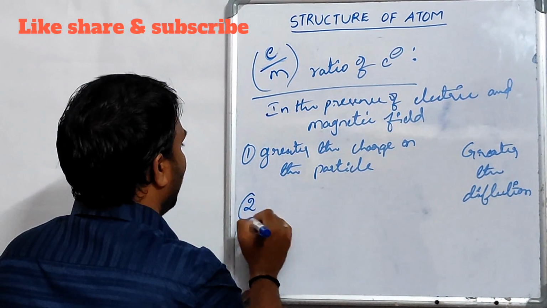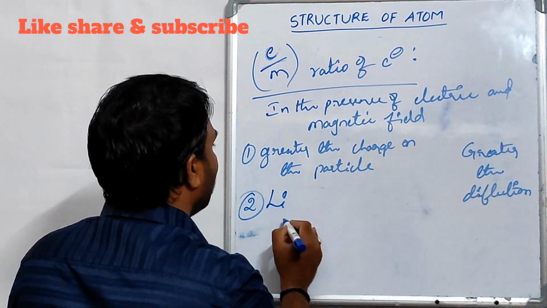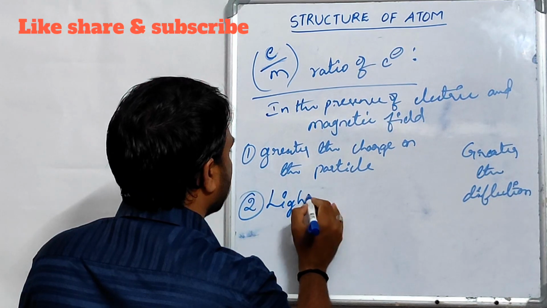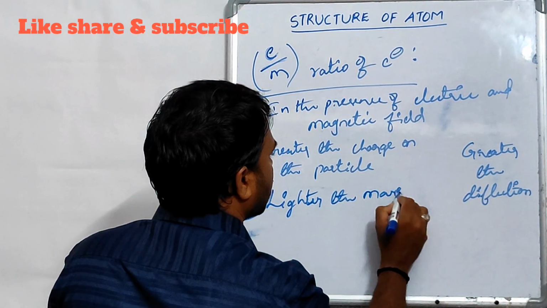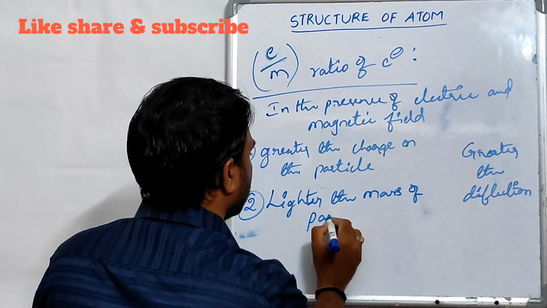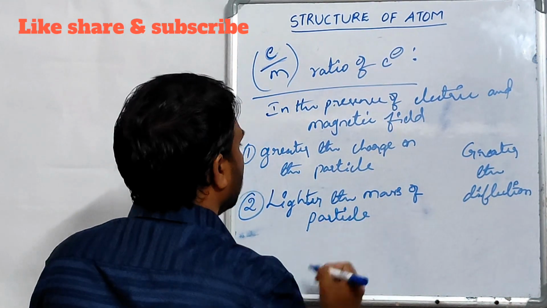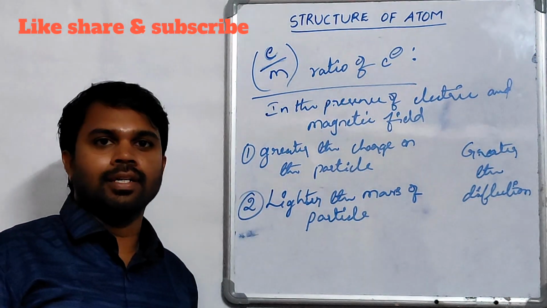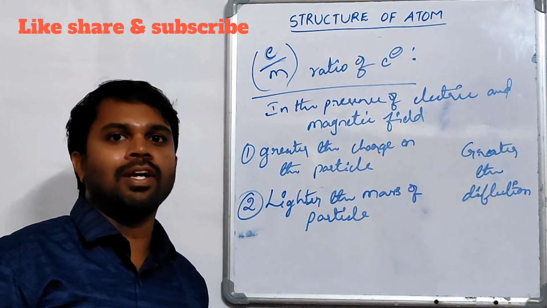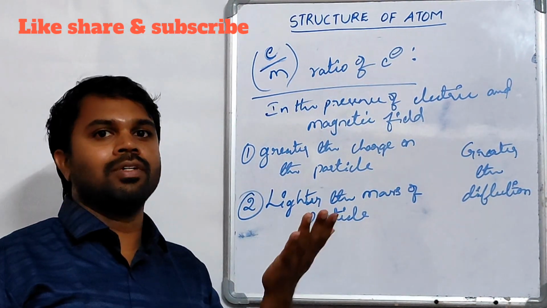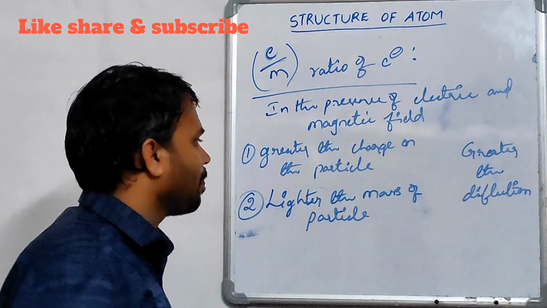Now, come to the second point. Lighter the mass of the particle, greater the deflection. Which means mass is less, deflection is more. Mass is more, deflection is less.